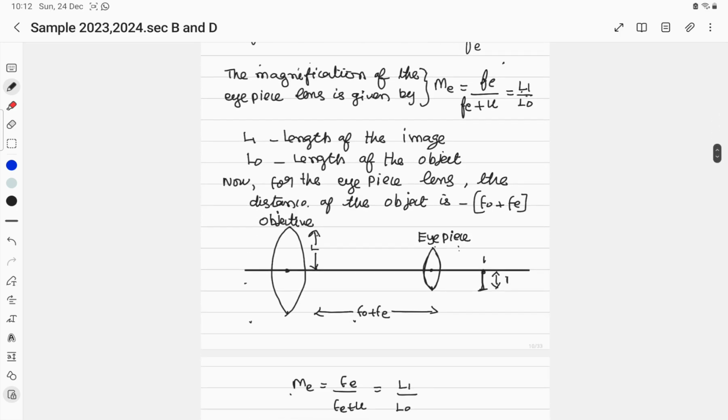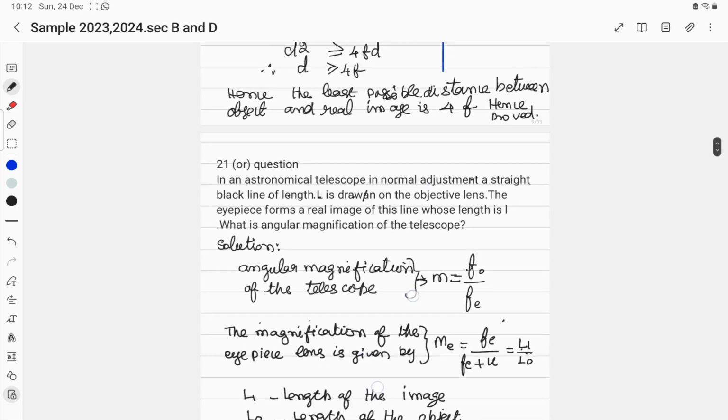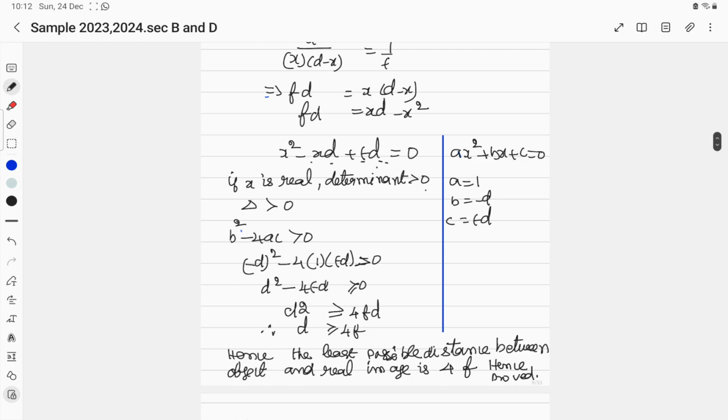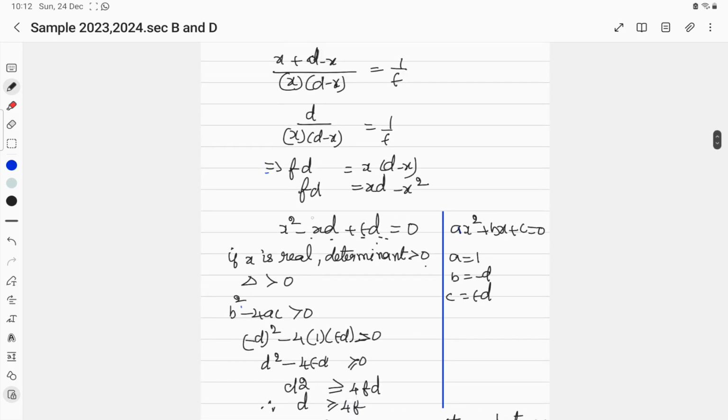On solving, we get x square minus xD plus fD is equal to 0. This is in the form of a quadratic equation. Here a is equal to 1, b is equal to minus D, c is equal to fD.